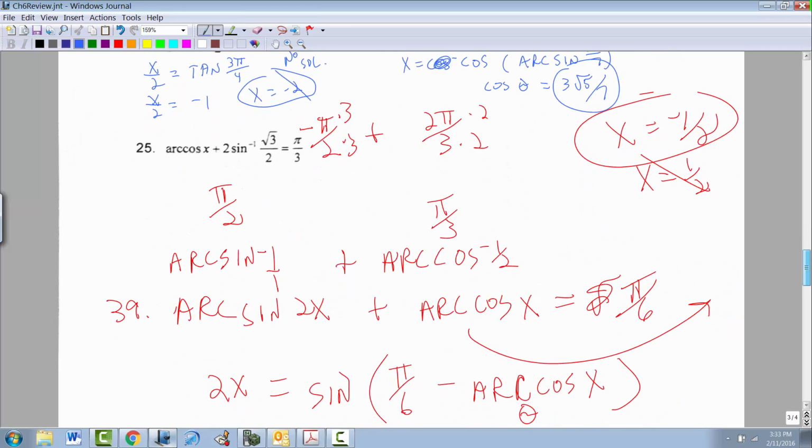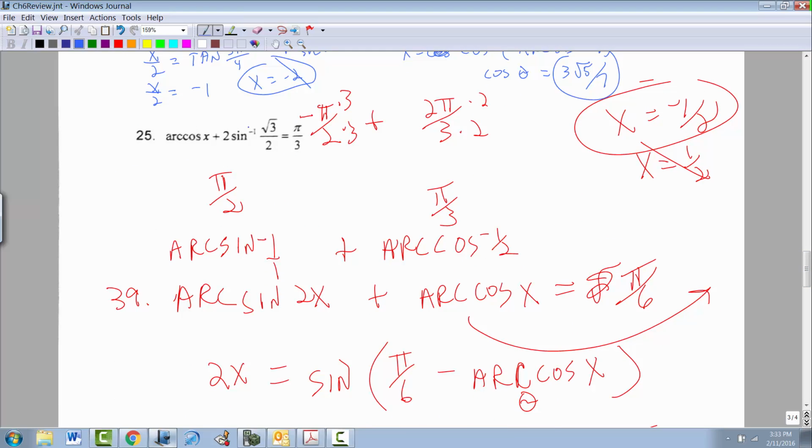Then 25 is not as hard as it looks. Basically, you inverse sine root 3 over 2, quadrant 1 answer, it's a 60. So it is pi over 3. And then multiply that by 2, so you get 2 pi over 3, and then subtract it.